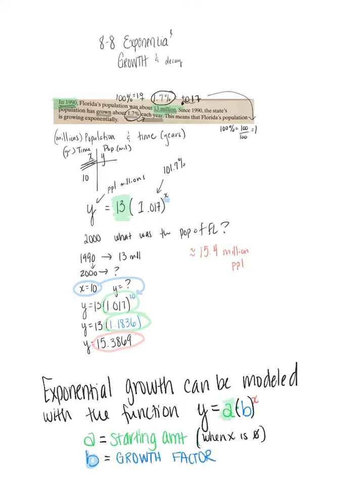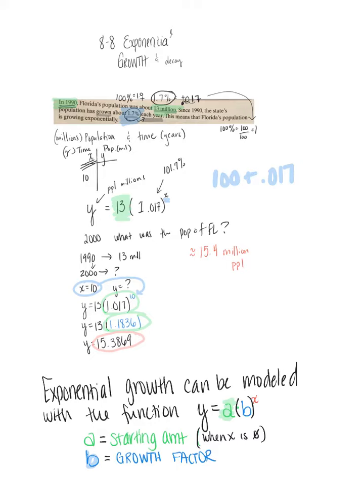So what is b? Well, b is my growth factor. What? It's your growth factor. You take the percent that something increases and you turn it from a percent into an actual number. So my growth factor, when I was talking about this, was the previous year plus another amount.